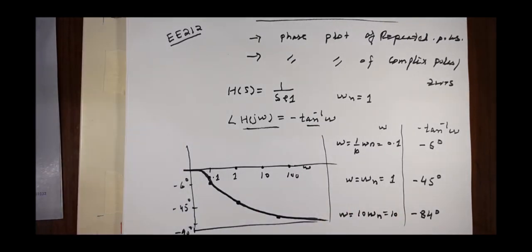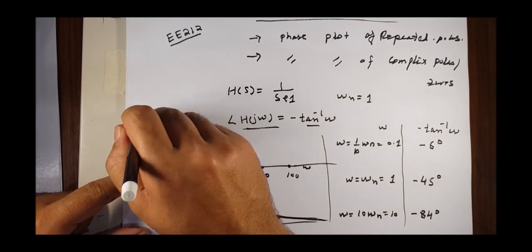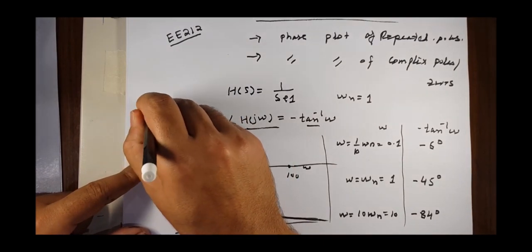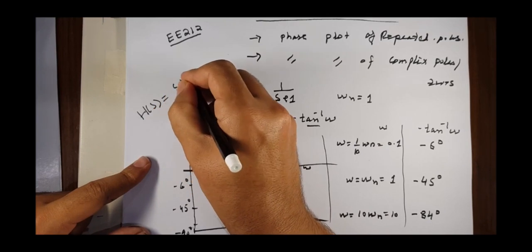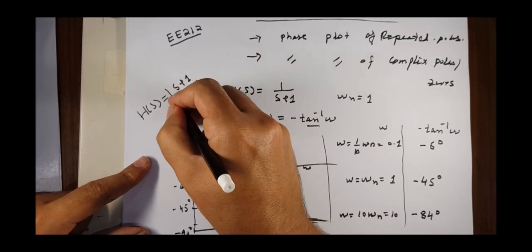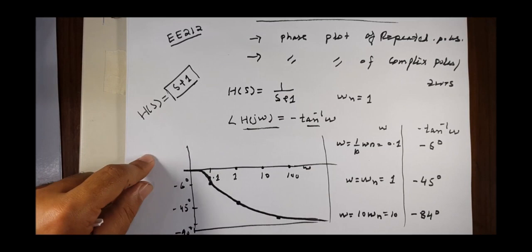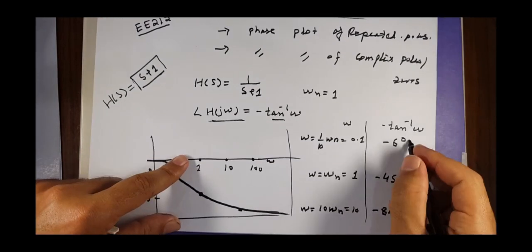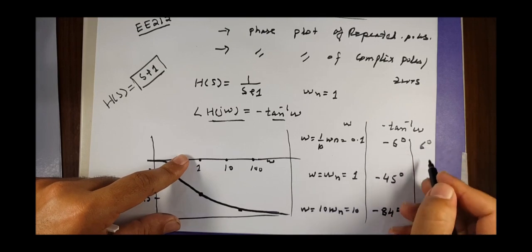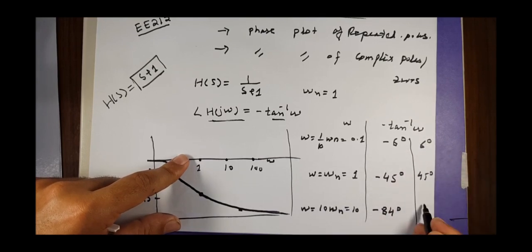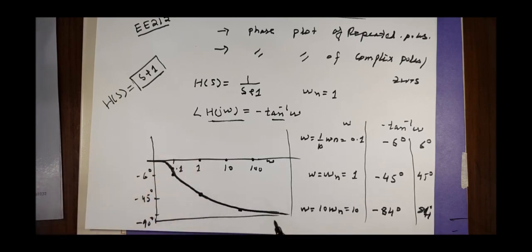Then we drew the phase plot for H(s) = s+1, which was a simple zero, and this was nothing but changing the sign of the angle from minus to plus. This becomes 6 degrees, this becomes 45 degrees, and this becomes 84 degrees, and the asymptote will be plus 90 degrees.